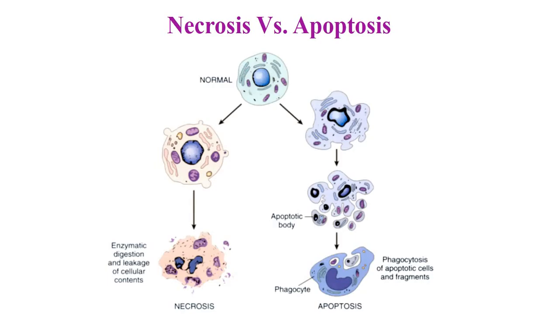So first I shall brief diagrammatically. This is the normal cell, and if you see the left side, this is N, necrosis, and the right side is A, apoptosis. Let's look at the diagram very critically.